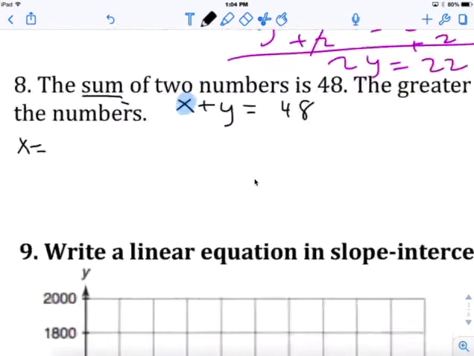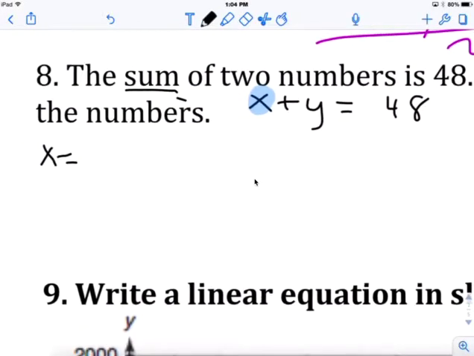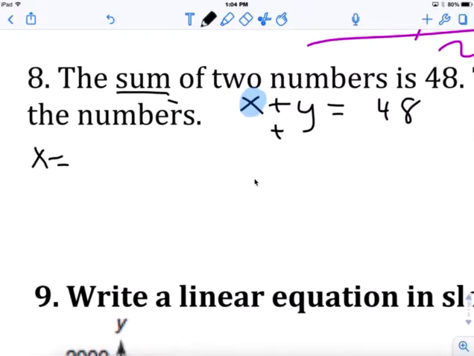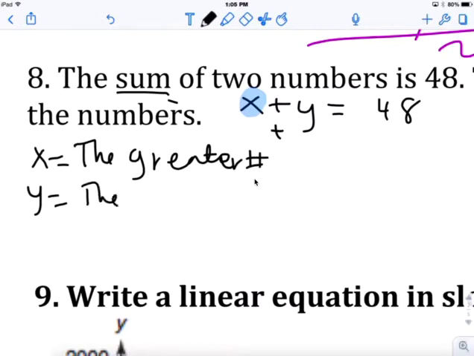Generally, that's what we would put, like 25 plus 23, right? It's 48. So generally, we keep the first number the greater number. So this is the greater number, or the bigger number. Y is the smaller number.